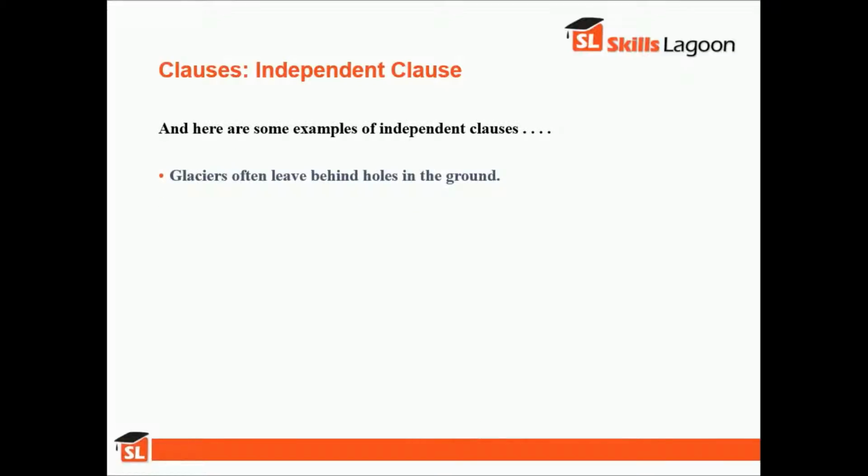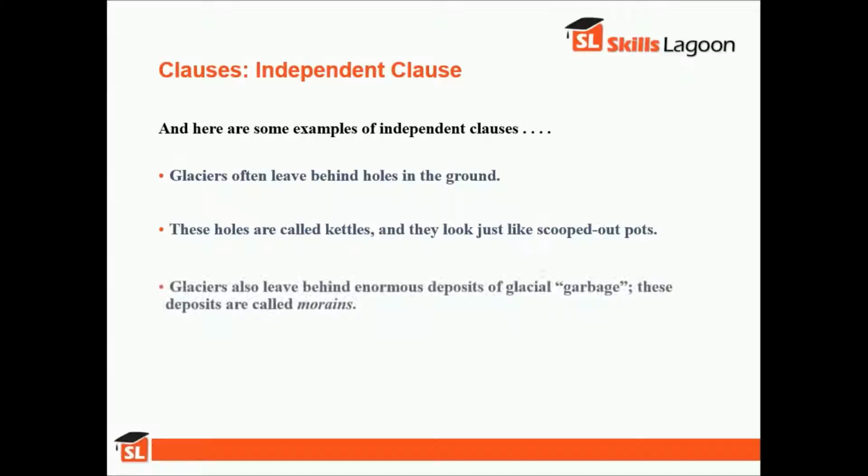Glaciers often leave behind holes in the ground. This is one full independent clause. And here we have two independent clauses joined with an and conjunction, which is also called a coordinating conjunction. A coordinating conjunction is the one which joins two independent clauses, or maybe more.